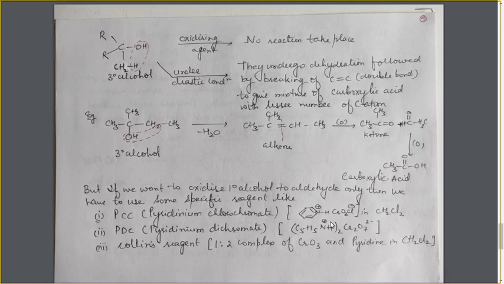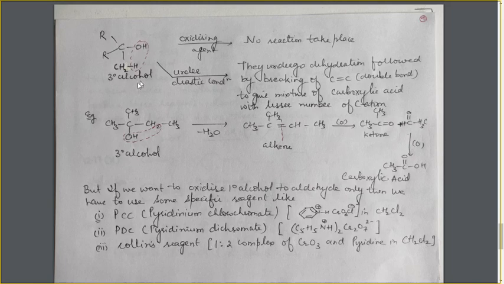Next is 3 degree alcohol. We have seen that in case of 1 degree alcohol, we get the carboxylic acid as the product by using the different oxidizing agents, and in case of 2 degree alcohol, we get the ketones as the product.